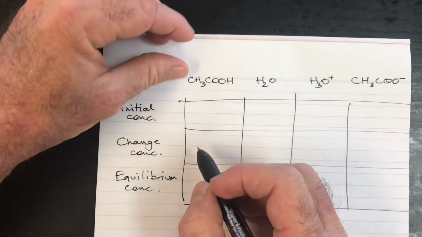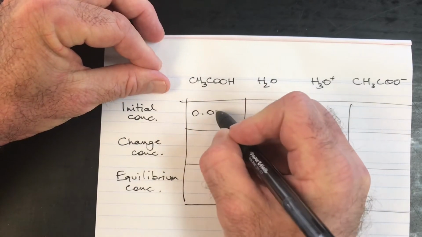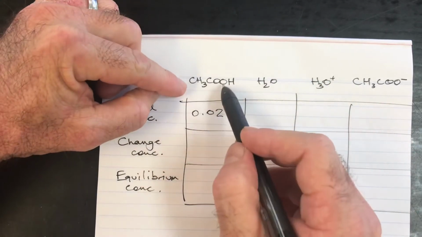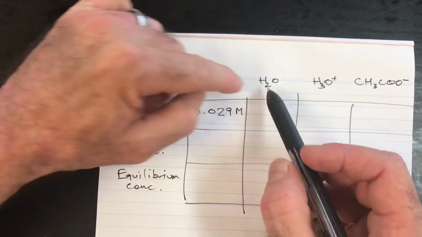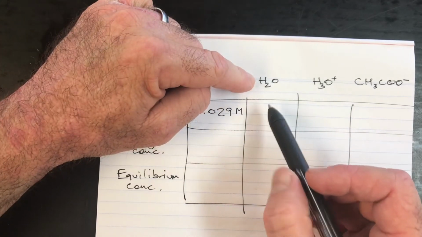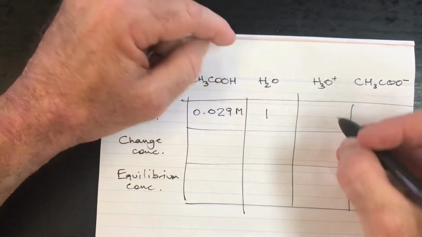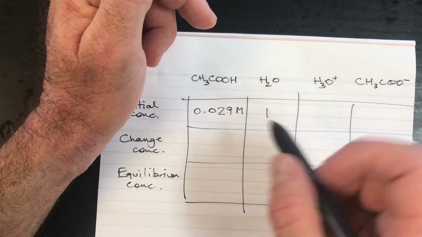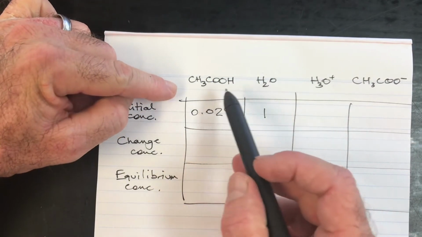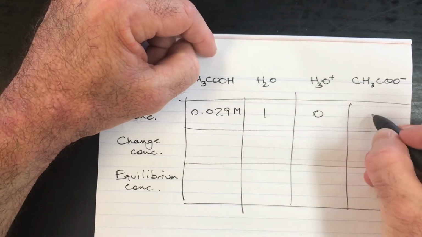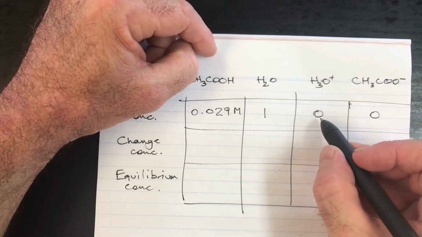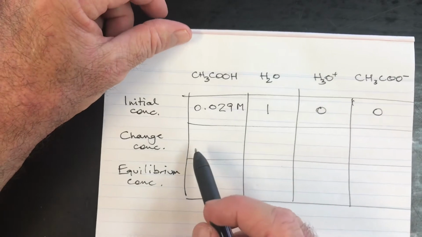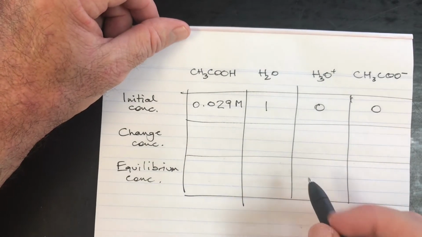The initial concentration, as stated in the question, was 0.029 moles per litre for the acetic acid. Water is a liquid, so it has an initial concentration of 1. And right at the very start, as soon as you mix the acetic acid with the water, there are no hydronium or acetate ions at all. There's 0.